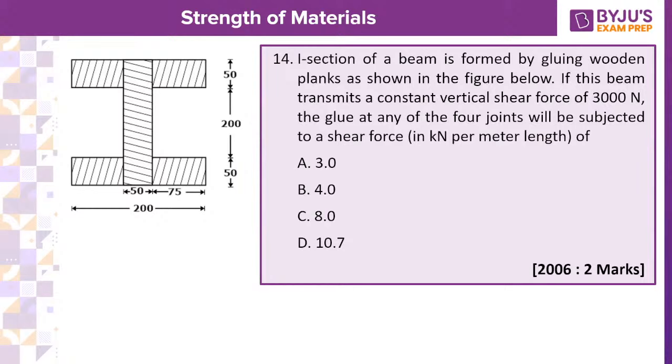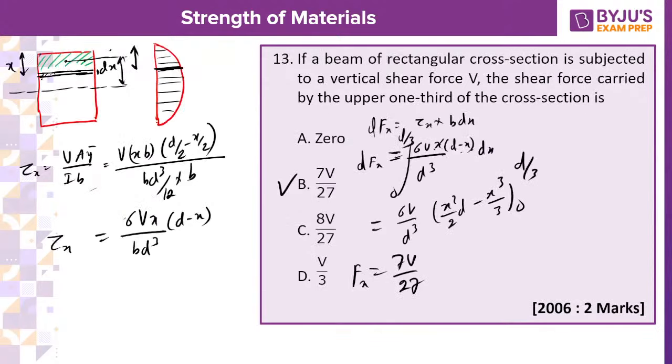d by 6 to d by 2 will be, why will it be d by 6 to d by 2? It is depending on, wait. Yes, you are absolutely correct. It is always dependent on the way you are taking it. No, see, the depth I have taken from the top, that is why I have taken x here.